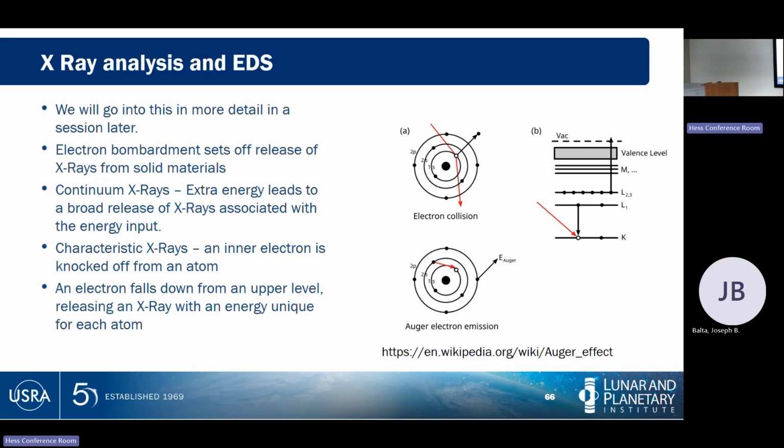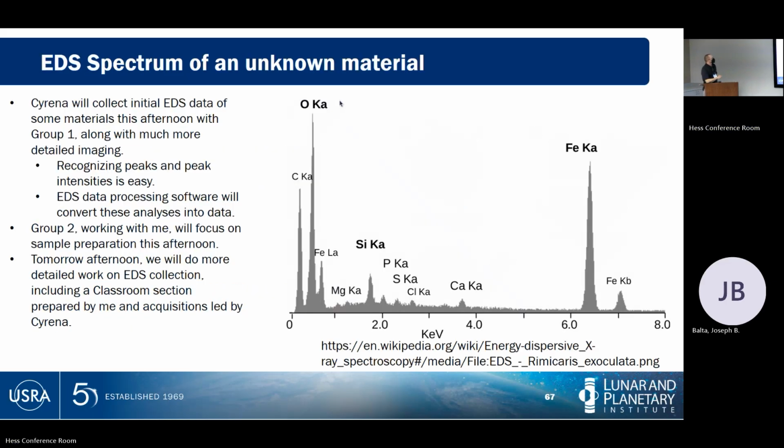So, as we shoot electrons at our solid sample in a single spot, we begin generating characteristic X-rays, X-rays with a specific energy generated and shot off from our sample. Here is a spectrum of X-rays taken by an energy dispersive spectrometer on an unknown material.